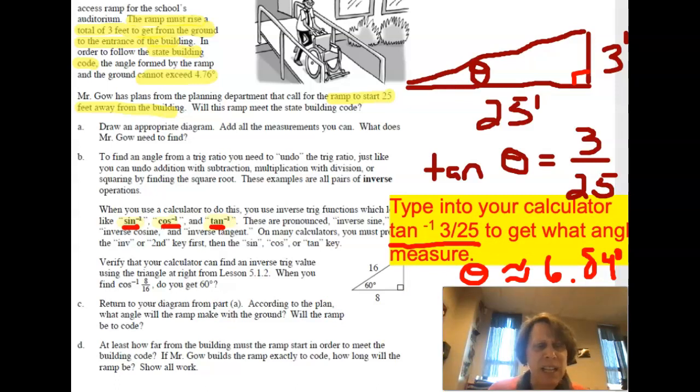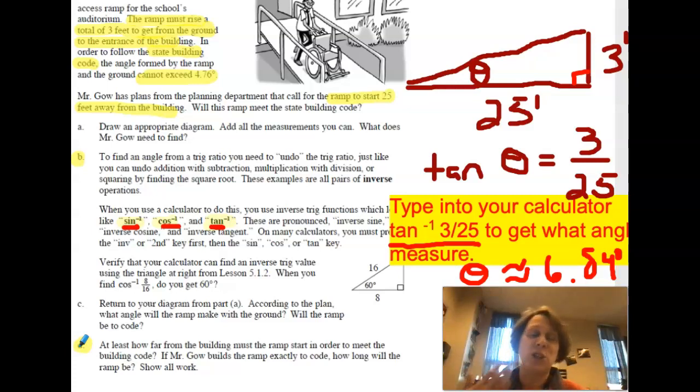As I look down below, you want to do a couple things. You want to do part B, and then you are going to try to correct what's going on with this building ramp. You're going to try to give them some advice on how they can replan their construction and their building of this to ensure that they're up to code.